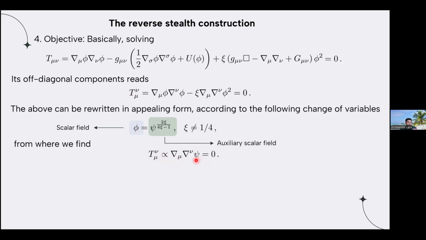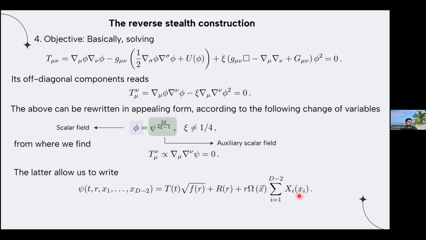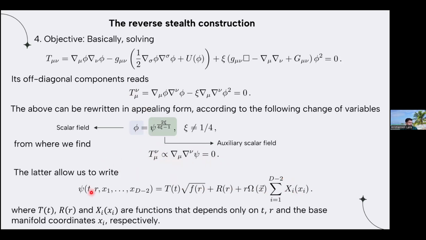And this can be solved by hand on a paper sheet, and the latter allows us to find the following expression immediately, where T, R, and Ξ are functions that depend only on t, r, and the base manifold or transverse coordinates ξ respectively.